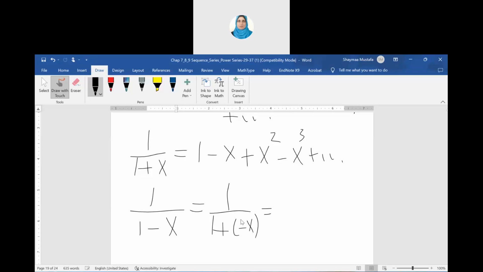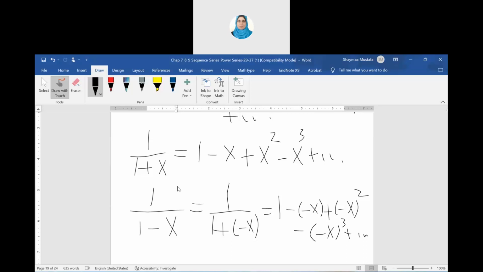1 plus minus x, which means that I will replace each x by minus x. So 1 minus, instead of x write minus x, plus minus x squared, minus minus x cubed, plus and so on.